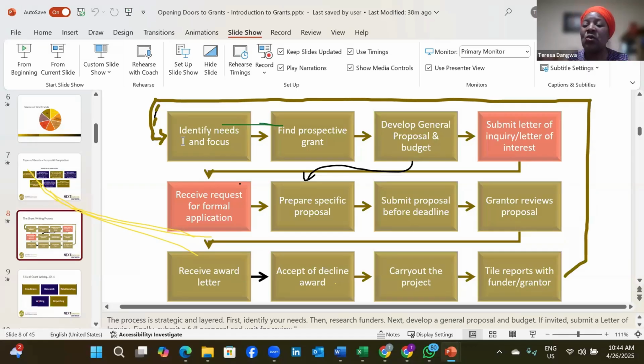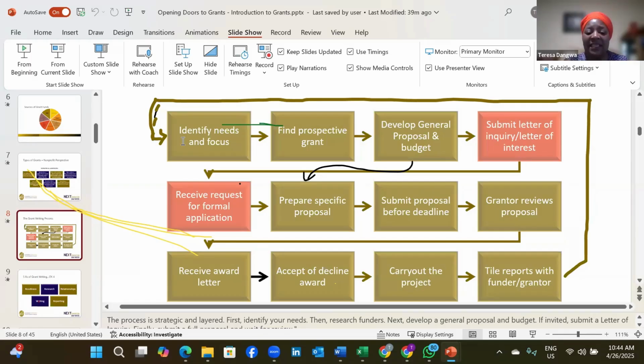So if you're writing from a different cultural background or a different country, and there are some cultural nuances that perhaps need to be teased out, make sure you do that so that they have a better understanding and they don't just dismiss your proposal. And then after your grant has been reviewed, you receive an award letter.